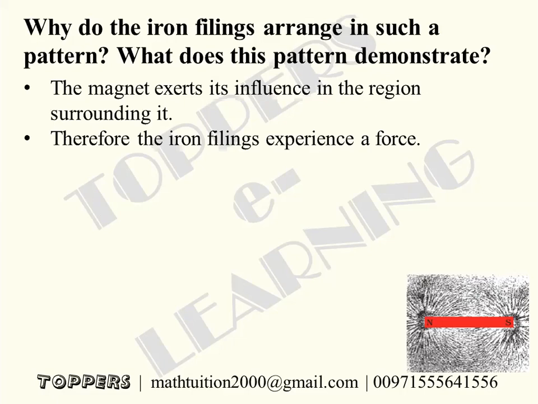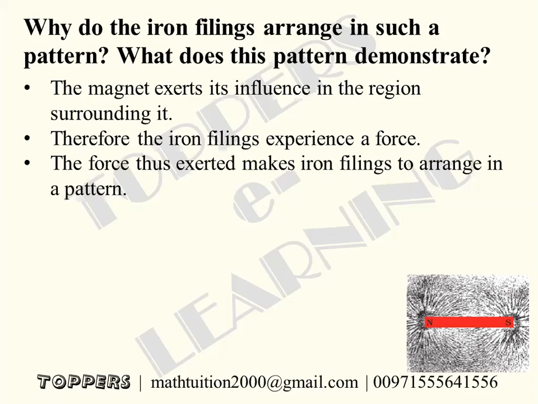Iron can be attracted. So the force thus exerted makes the iron filings arrange in a pattern. Where the force of the magnet is aligned, in that region the iron filings will be arranged according to that pattern.